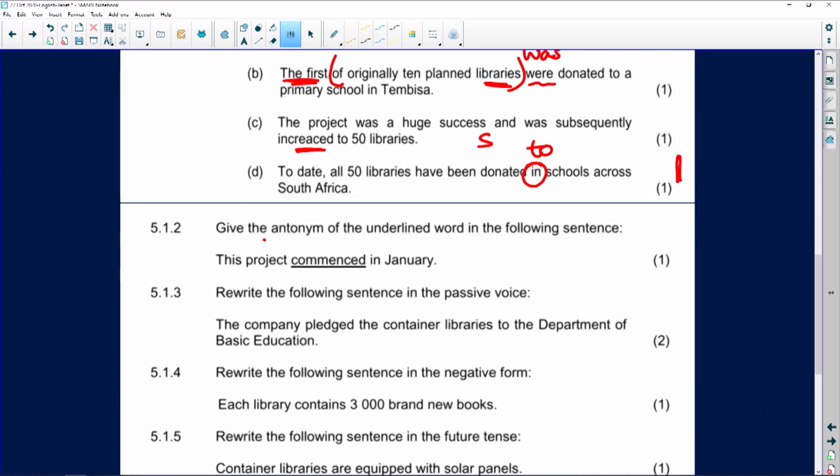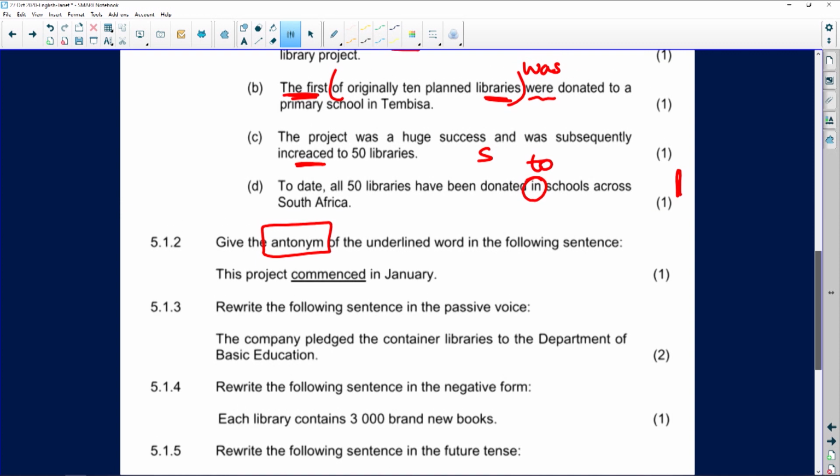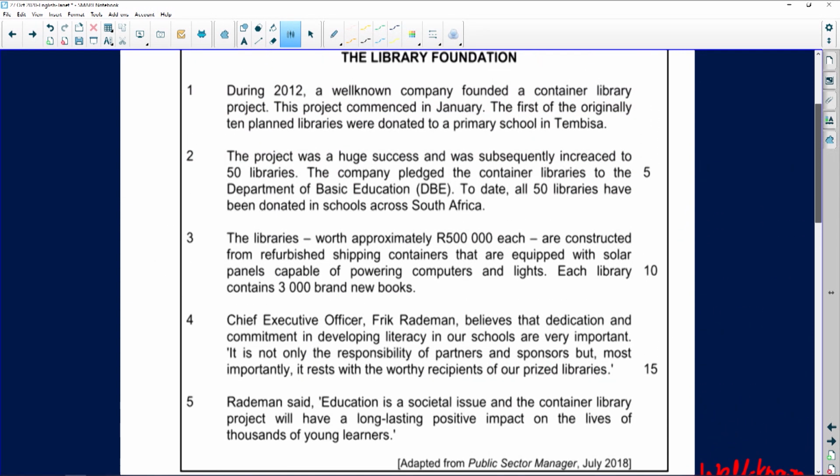Right, antonym. Remember, in this language question, they're asking as many different things as they can, as fast as they can. What does commence mean? If you don't know, you might want to go back to the passage. During 2012, this project commenced in January.